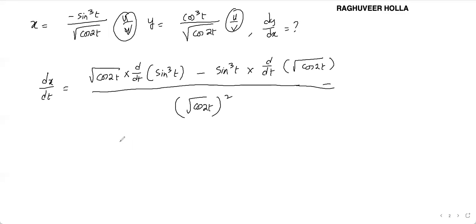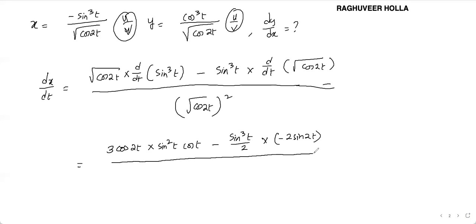So after simplifying it, we get the final result as dx by dt as 3 cos 2t multiplied sine square t cos t minus sine cube t by 2 multiplied minus 2 sine 2t, divided by cos 2t root cos 2t.